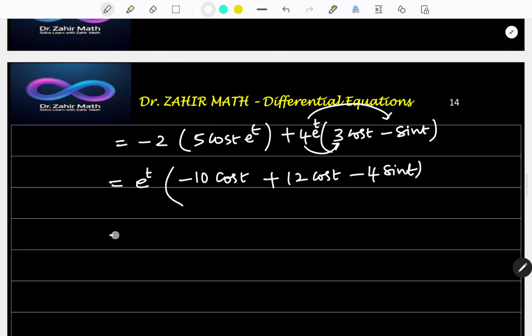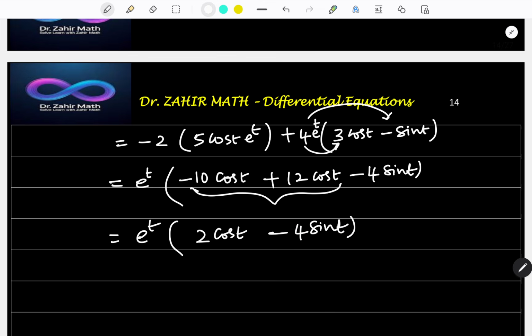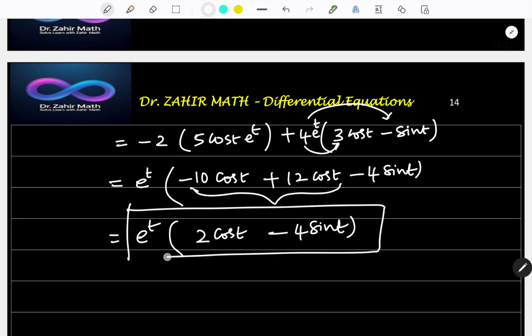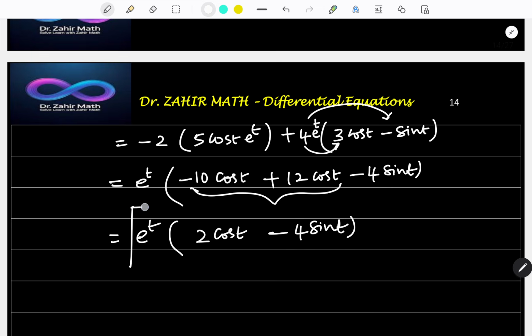So this equals e power t times minus 10 plus 12, which becomes 2 cosine t minus 4 sine t. This is my right hand side answer.